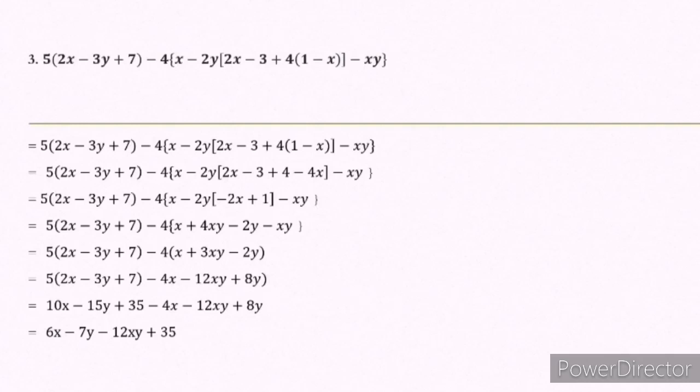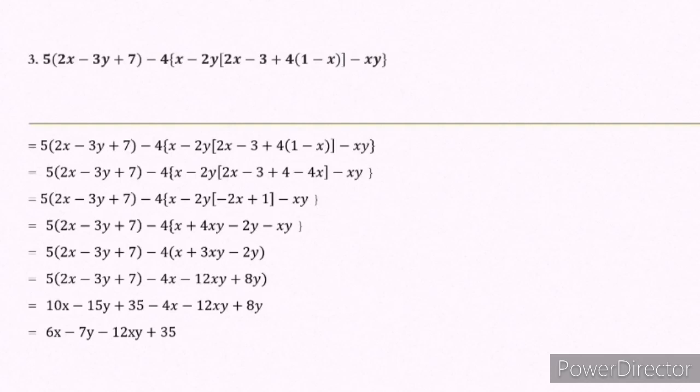Then 5 open 2x negative 3y plus 7, close, minus 4. Then open x plus 3xy minus 2y. Then 5 open 2x minus 3y plus 7, close, minus 4x negative 12xy plus 8y.